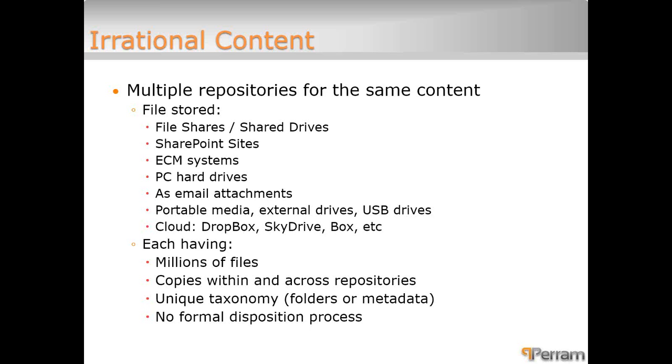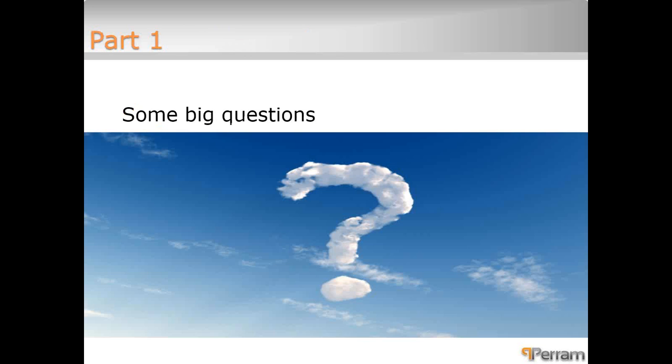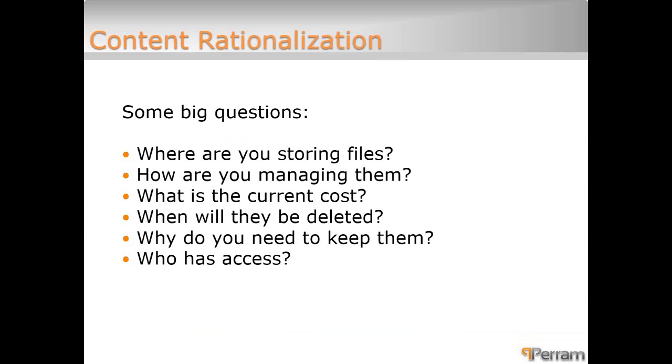So rational, irrational sounds kind of irrational when we really stop and take a look at what we're doing compared to what we're expecting. And there's a lot of things that we can clean up in terms of how we're approaching this. We're going to start with some of the bigger, higher level questions around content rationalization, and then towards the end of the presentation get into some really specific things that we can do to make changes and move forward.